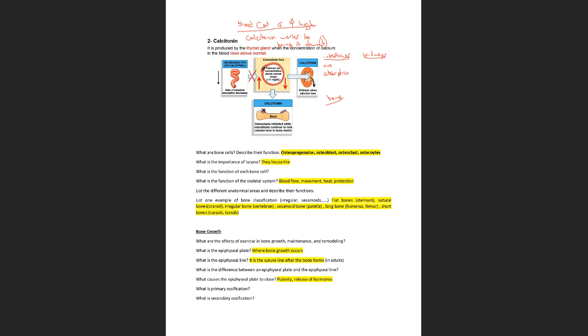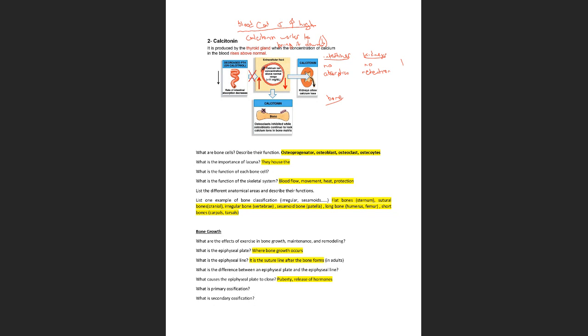Same for the kidneys. We're trying to get rid of calcium. Do we want the kidneys to hold on to the calcium or do we need to pee it out? Pee it out. Yep. So no retention. So we lose the calcium from the kidneys. And then our bones, blood calcium is high. Do we want to remove calcium from the blood or do we want to put calcium back into the blood? Remove it from the blood, exactly.